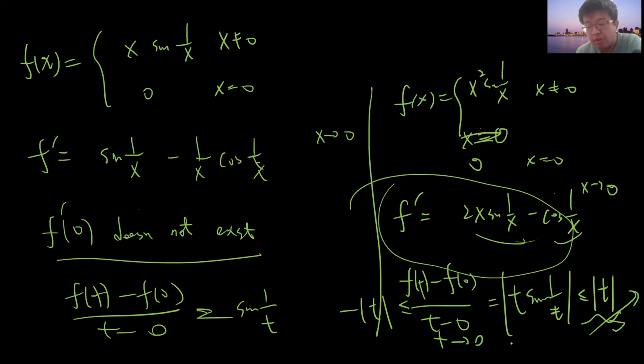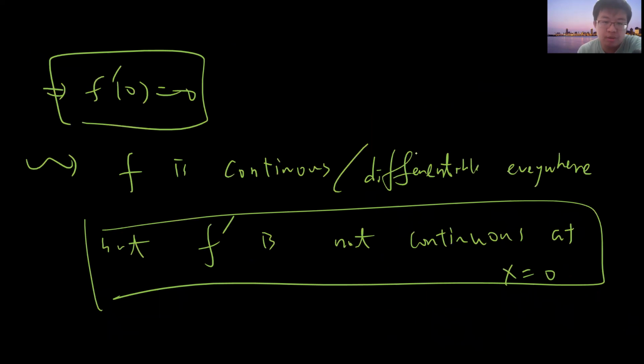But if you use the definition and the squeeze theorem, you can prove that f prime of 0 is 0, because this is bounded by t. So in general, to solve this type of problem, you cannot just take f prime and let x go to 0, because f prime need not be continuous. This is a good example.